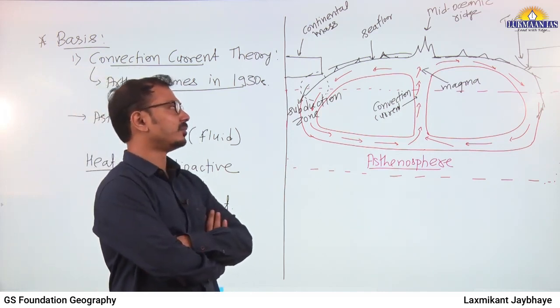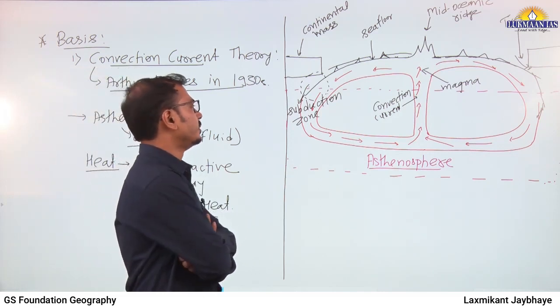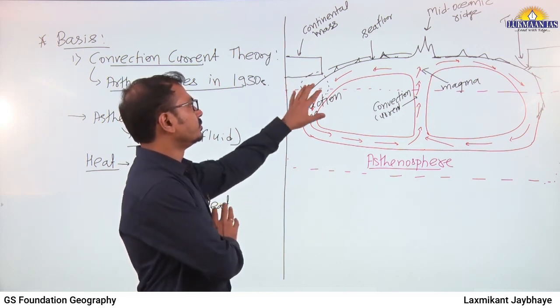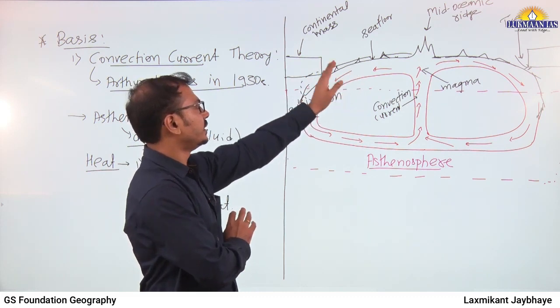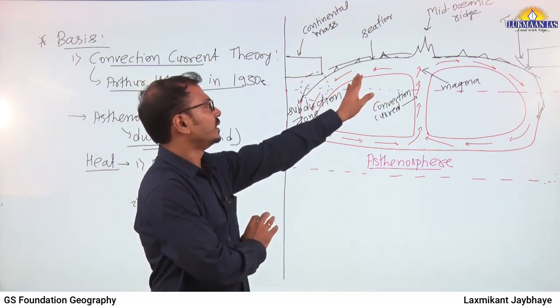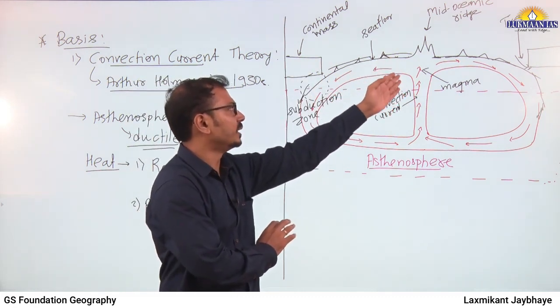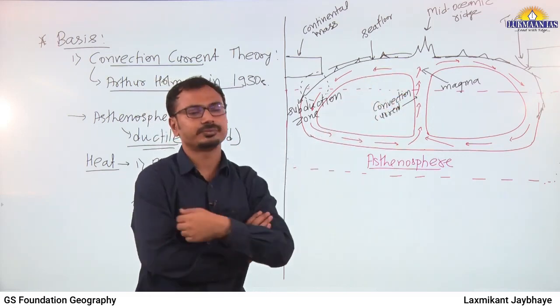Naming of the diagram is very important. Okay, subduction zone, then continental masses, or we can say lithosphere, oceanic lithosphere or mid-oceanic ridge, trench region.